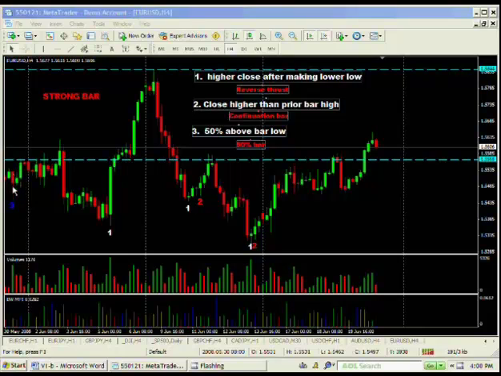So you look at the length of the bar, and 50% of that bar. If that bar is strong, it's going to at least close down past that 50% level of the bar. And when it does, that is a strong bar, not a weak bar. That is a 50% bar.